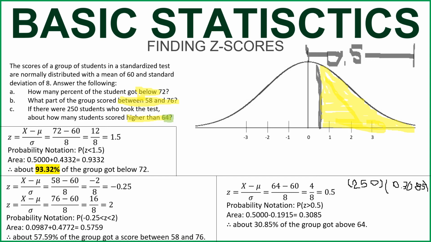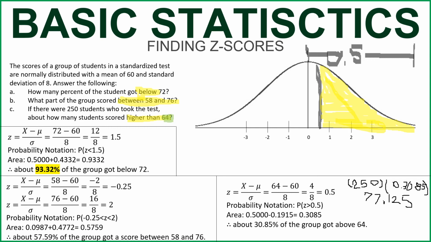Okay. So, our answer is 77.125. So, final answer na ba to? Yung 77.125 students? No. We're talking about students. Meaning, tao sila.